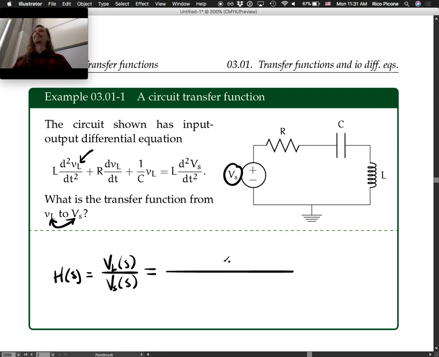Yeah. So you said the input in this example was VS. The input is VS. So shouldn't that be on top? So it's output over input. For the transfer function, the definition is output over input. So y over u.